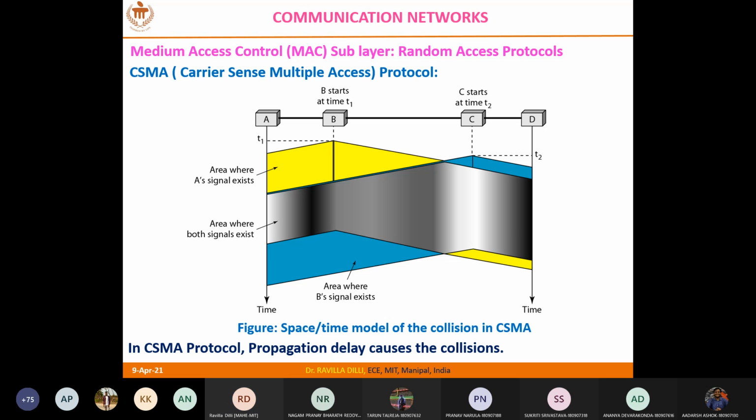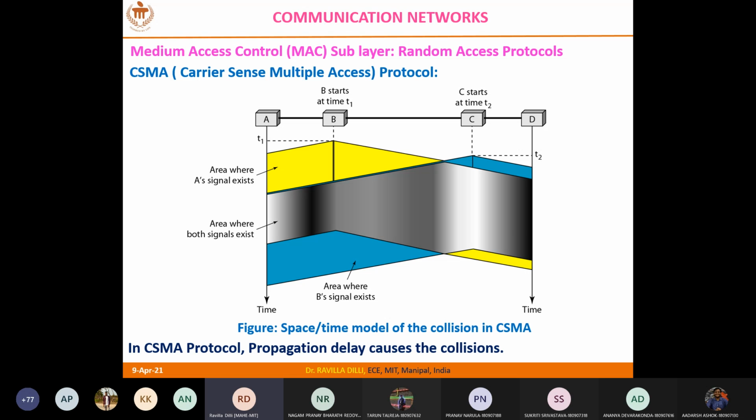Now I have four stations A, B, C, D, and station B is starting a frame. Of course, before it starts its frame, it will sense the medium. Since nobody is attempting the channel before T1, when B senses the channel it looks idle, so it can start its transmission. The yellow colored part is the frame transmission.